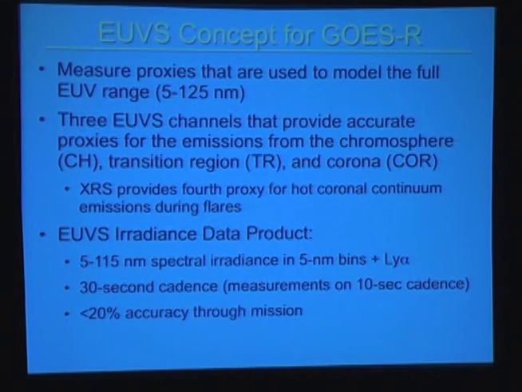And I'll quickly, very quickly, tell you about those. The concept is to use all our knowledge from EVE and TIMED, and instead of measuring the full spectrum, just measure certain wavelengths that are indicative of the different temperature regions in the solar atmosphere that vary differently, and then using empirical models based on proxies that are within the EUV itself, generate the full spectrum.